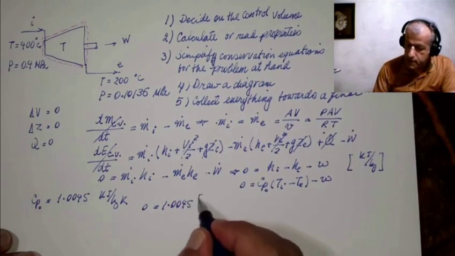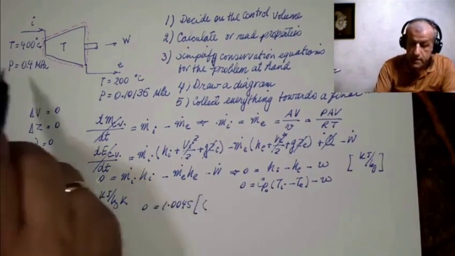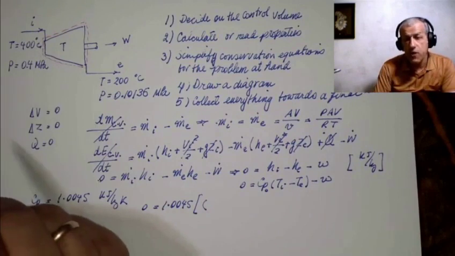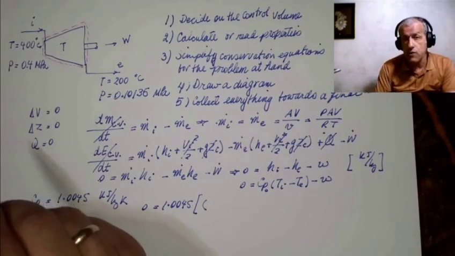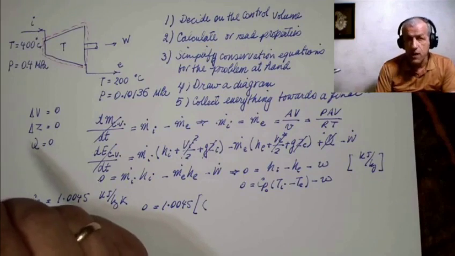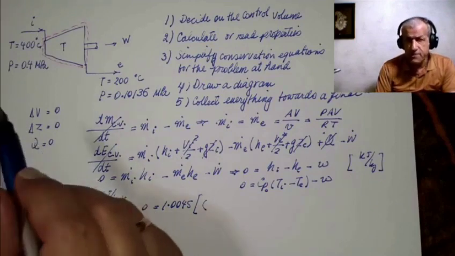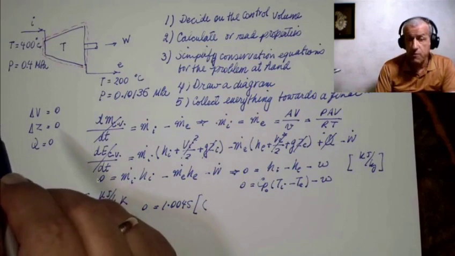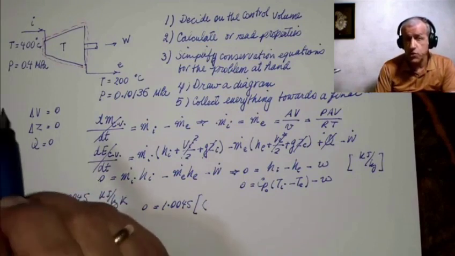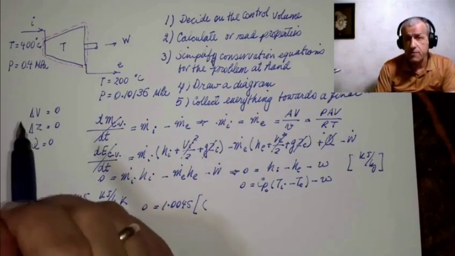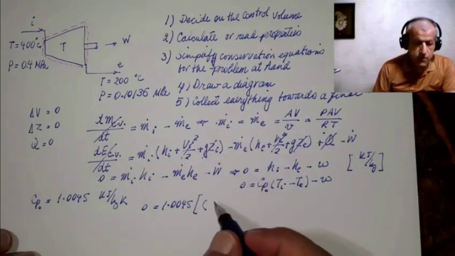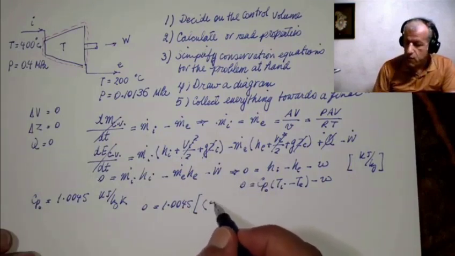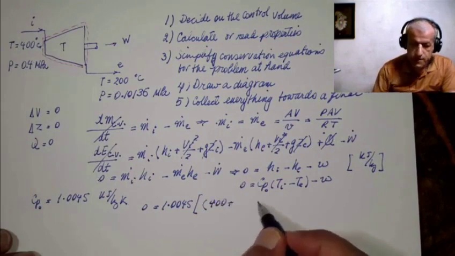1.0045 times (400 plus 273.15 minus 200 plus 273.15) minus w. Please note that this 400 is 400 degrees C, and we shall always use absolute values in our equations. Sometimes they cancel out, but the correct practice is always to use absolute values.